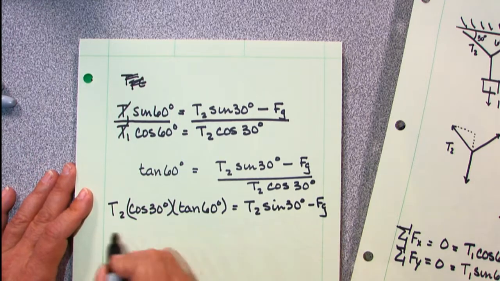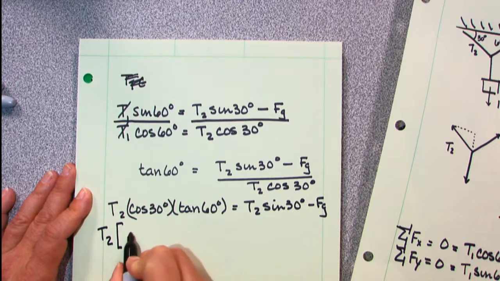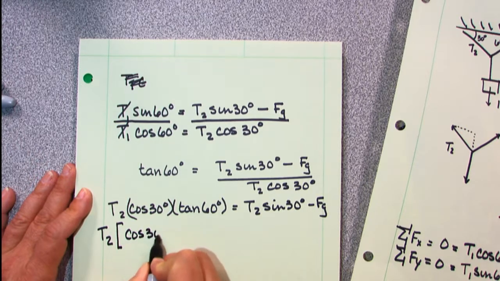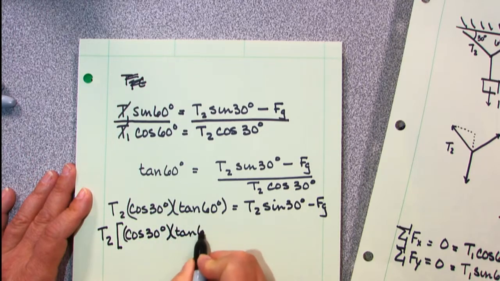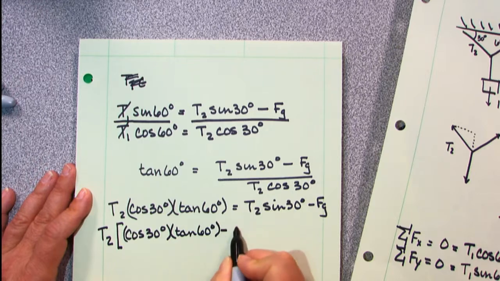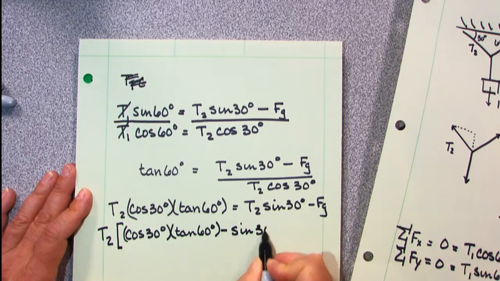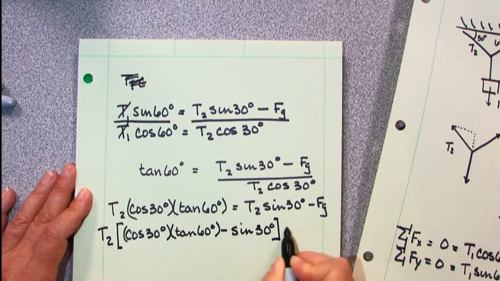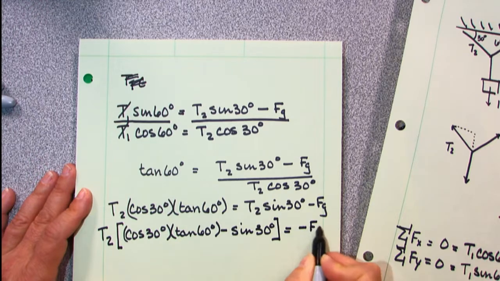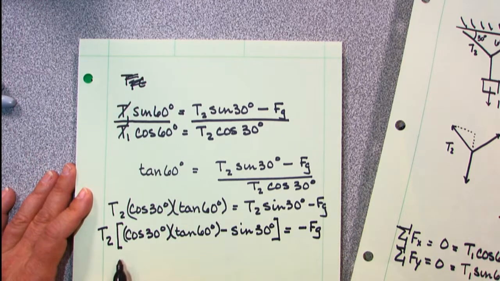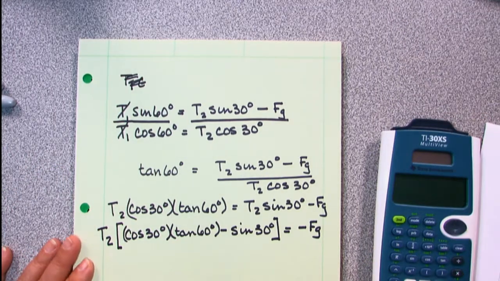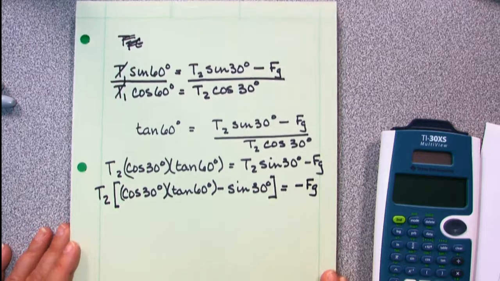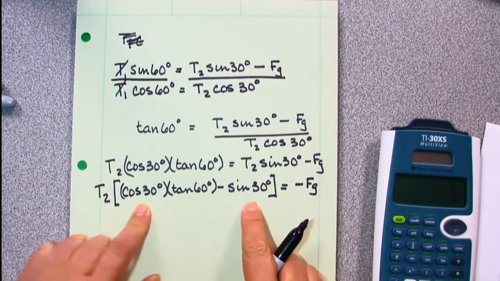So I'm going to go ahead and do this. I get T2 times cosine 30 degrees tangent 60 degrees minus sine 30 degrees is equal to minus the force due to gravity. Calculate that number.